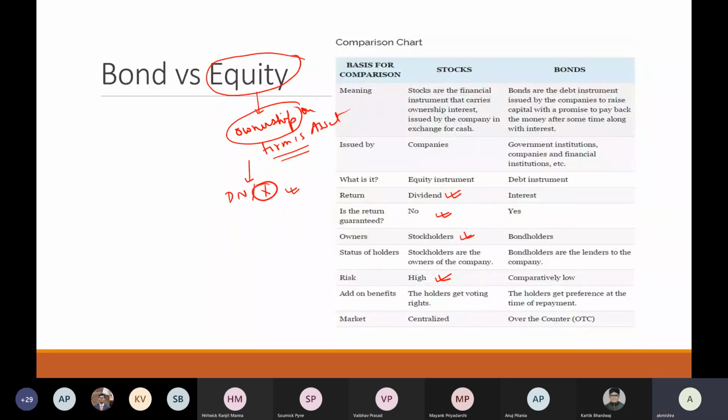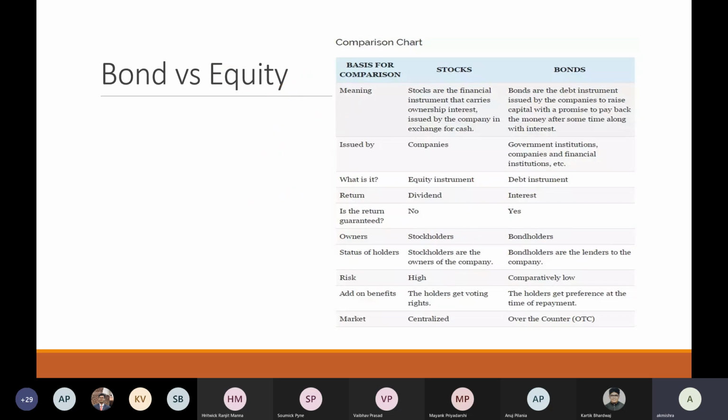But at the same time, they get voting rights. Finally, we call these shares or stocks equity instruments. These are the characteristics of a share, stock, or equity instrument.